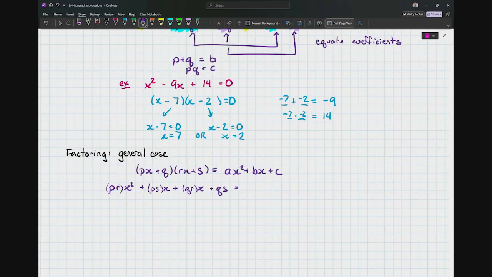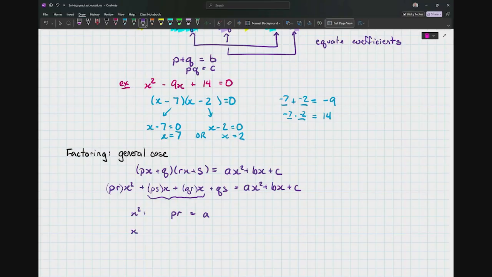With the right-hand side, just copying and pasting down to the next line. Okay, I'm going to start grouping the middle terms together to form all of our x's, and then I'm just going to quickly equate coefficients so we get a strategy that we can use here. Now the coefficients of x squared on both sides have to be the same. On the left-hand side I've got pr, and on the right-hand side the coefficient of x squared is a. So pr and a have to be the same number.